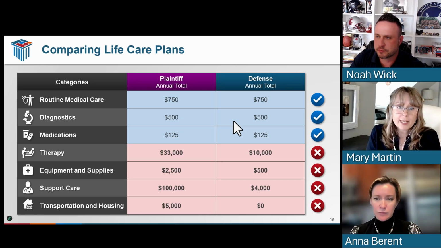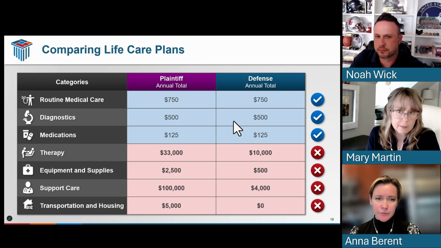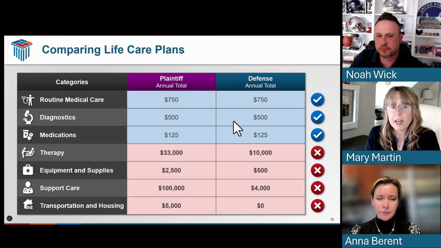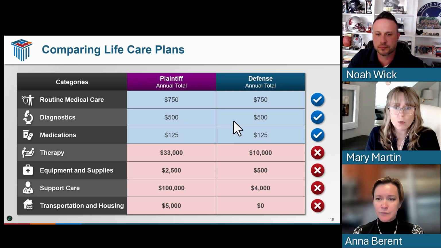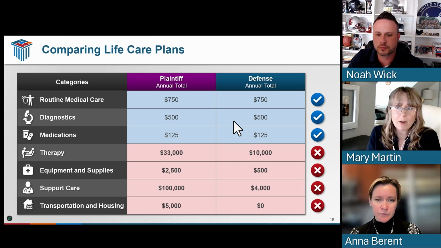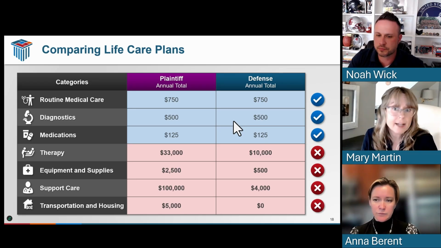This can be really helpful when the areas of disagreement are relatively small, to anchor the reasonability of our view of the life care plan. Sometimes we just have one damages category that's a wild discrepancy, and so we can talk about how we're going to address that specific damages item, that specific medical need, without just sitting back and saying, well, this plan is inflated.